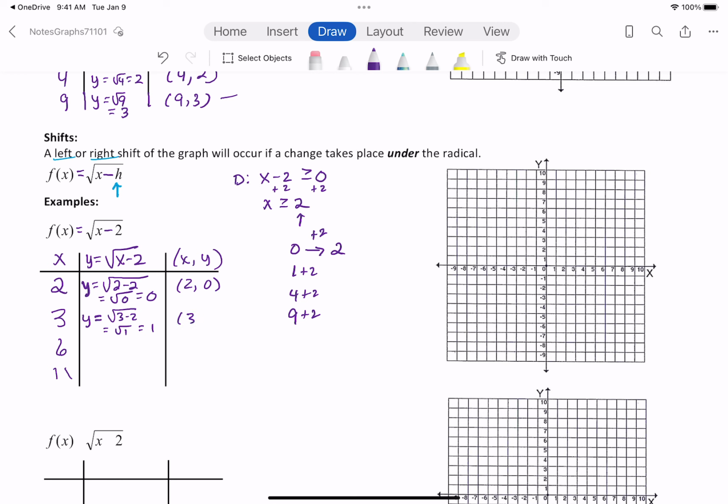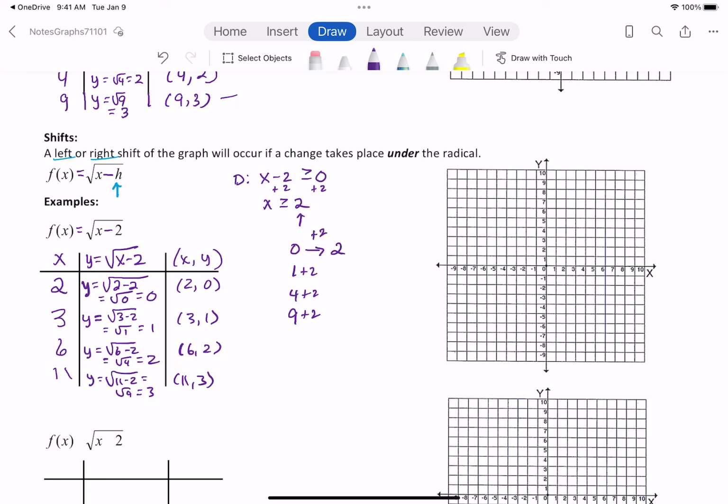So you see so far, it's working out. I'm ending up with perfect squares under my root, and that's what we wanted. If I plug in 6 for x, we get the square root of 4, which is 2. And finally, if I plug in 11, we get square root of 9, which is 3.